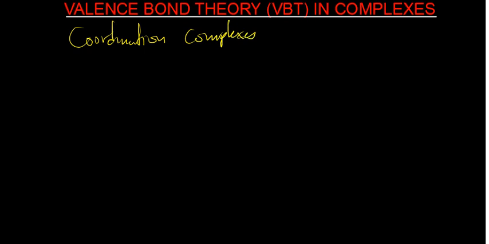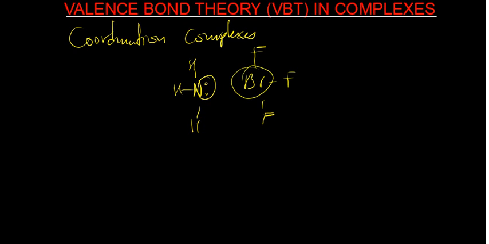Maybe just to help us remember, coordinate bonding is a type of bonding where one atom donates electrons while the other doesn't do anything. For example, when ammonia is reacting with this compound, this ammonia will donate its 2 electrons. This is not donating anything. So only the 2 electrons coming from ammonia will be responsible for the bond which will be formed.